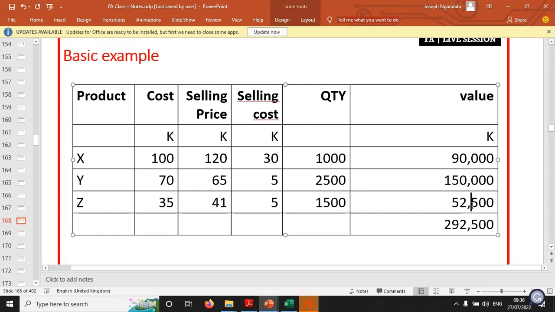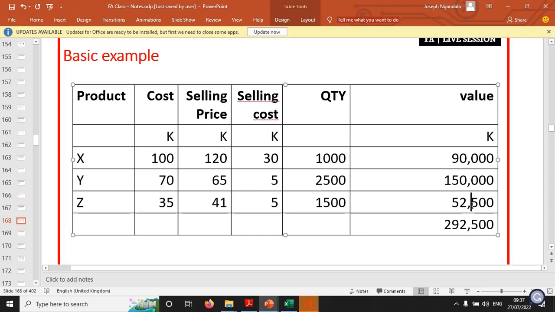I think I've circled it where I'm doing the subtraction. It is actually 65 minus 5. Gives you how much? 60. Then compare the 60 to the 70. Which one is the lower of the two? 60. Then you use the 60 to multiply by what? 25, yeah. That's how you do it.